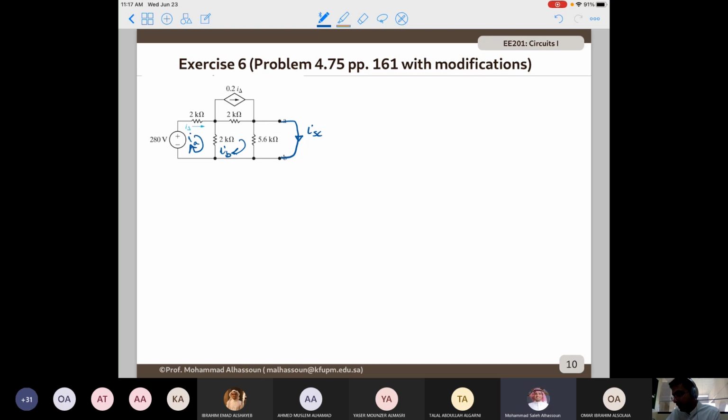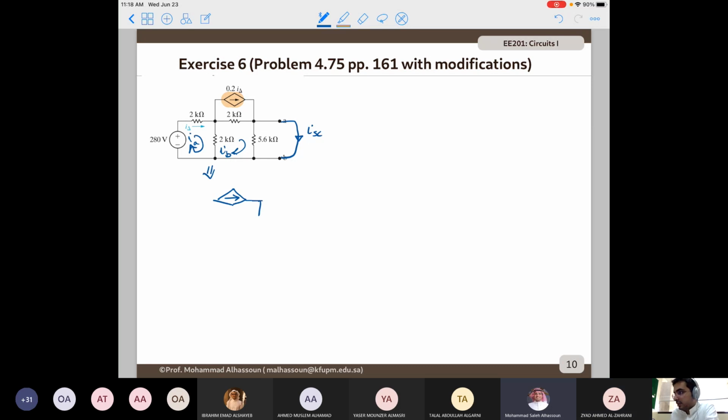and yes, that's exactly it. So this one is known, and IC is actually the short circuit. Oh, before that, there is one simplification here. What do you think? Remember here we have a short circuit in parallel with 5.6 kilo ohm.